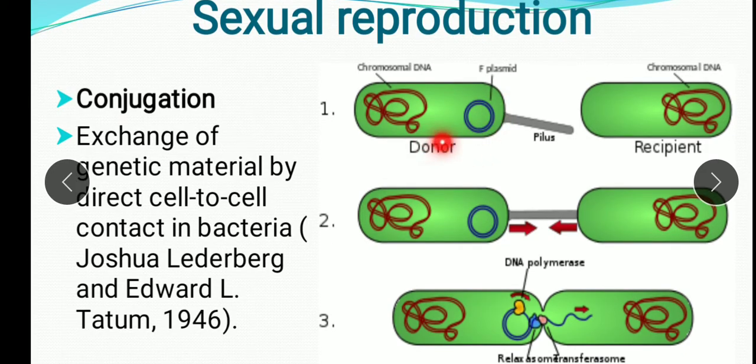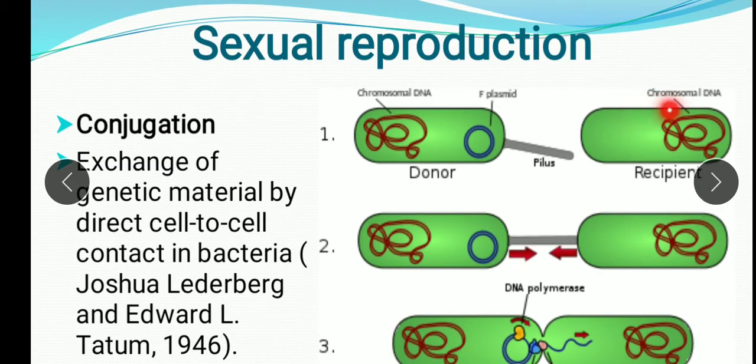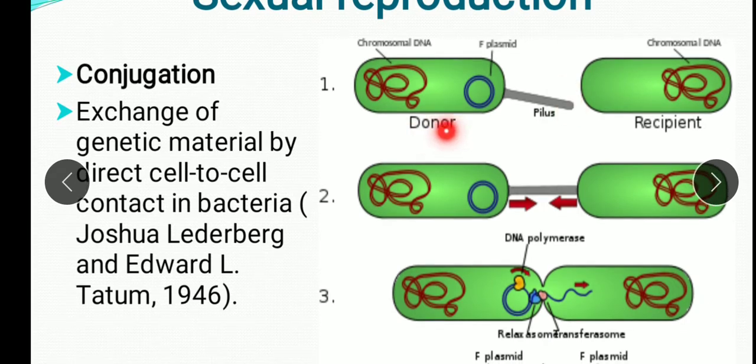And the bacteria which lack this F plasmid, means F plasmid is absent here, are known as the F negative bacteria. F positive bacteria here, they are the donor one, and F negative bacteria, they are the recipient one. So thus mating takes place in between the F positive and F negative bacteria.